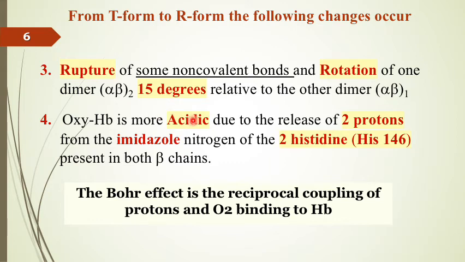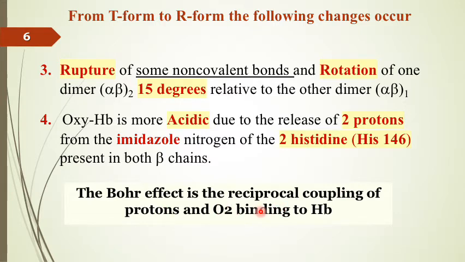Oxyhemoglobin is more acidic because rupture of the non-covalent bonds liberates hydrogen ions from histidine, which is found in the beta chain of the polypeptide, and so oxygenated hemoglobin is more acidic. As we said, this is the Bohr effect: reciprocal coupling of proton binding with oxygen binding.